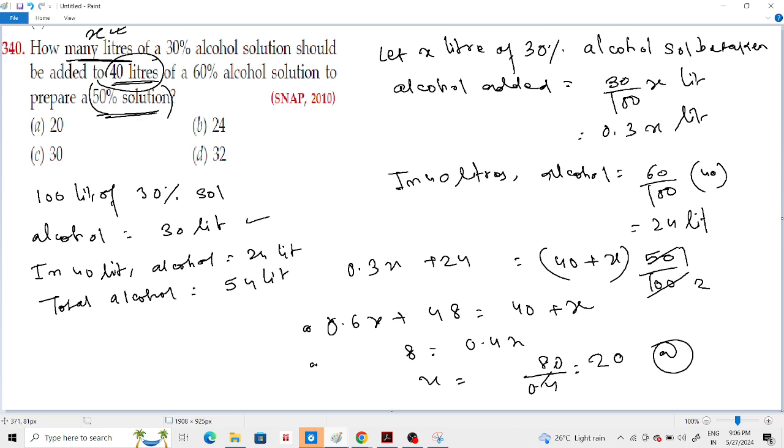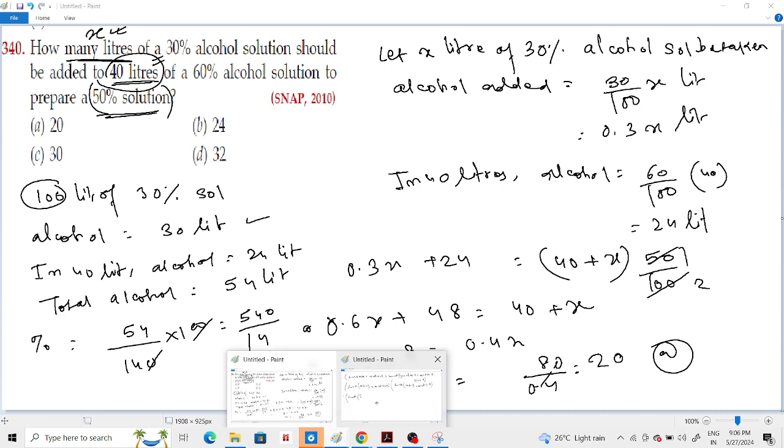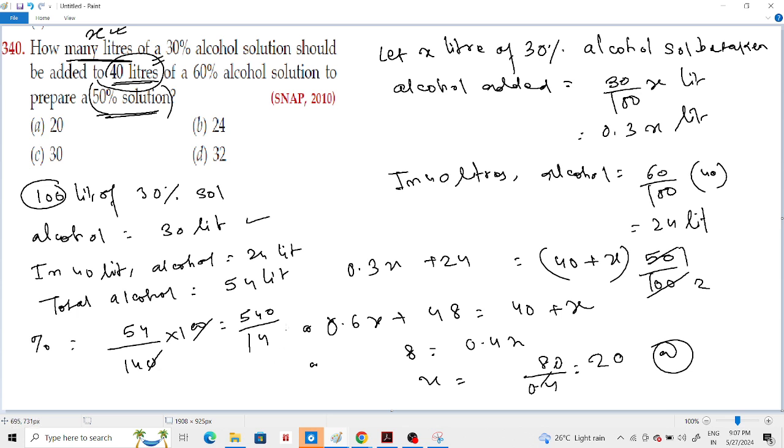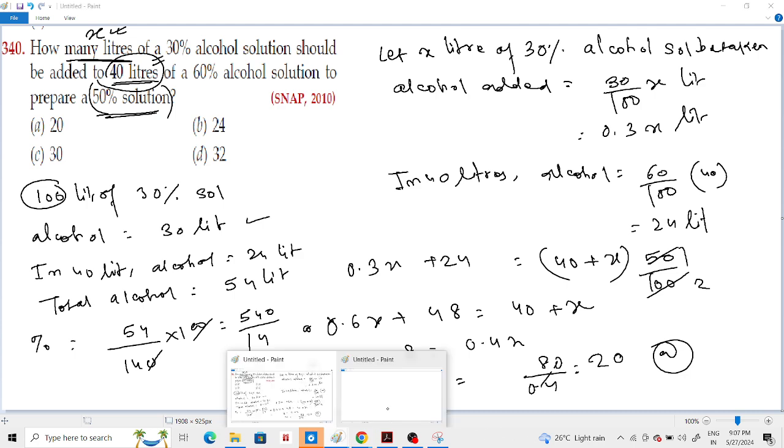Now 40 liters was already there, I added 100 liters, so my total becomes 140 liters. So the percentage of alcohol is how much? 54 divided by 140 into 100, so that is going to give me 540 by 14. Now this 540 by 14 is equivalent to 50%.